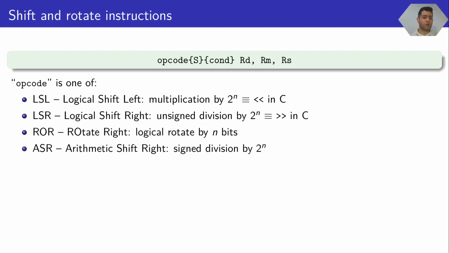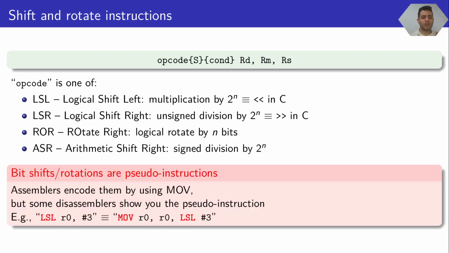We will see how it works in the next slide, but please keep in mind that those instructions do not exist in reality. The assembler will encode them using the move instructions, but I am telling you because some disassemblers will just show the pseudo instruction.